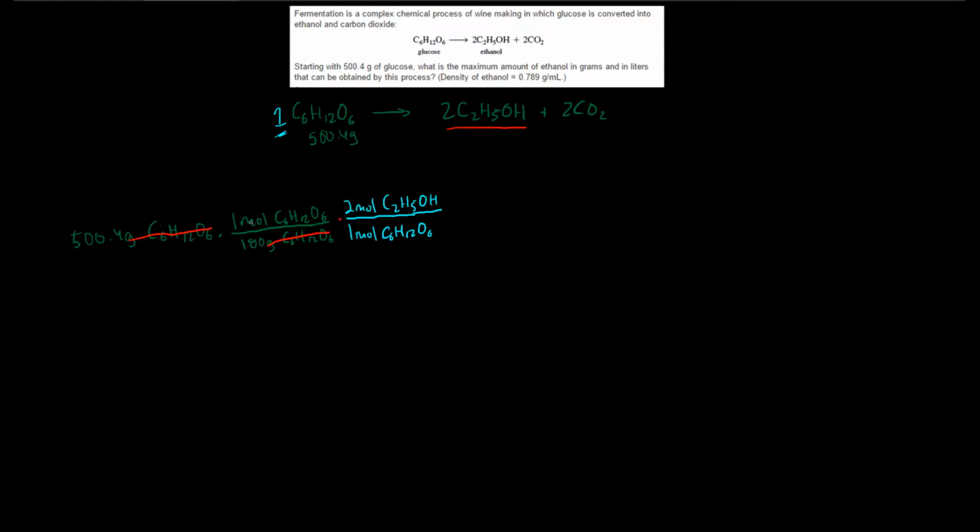And so when you do this, the units for moles of glucose cancel out, you're left with moles of ethanol. And so right now we have the moles of ethanol, but we need to go further. We need to find how much we can get in grams and liters. This would just be how many moles we can produce from 500.4 grams. So to cancel out the moles and convert it into grams, we need to cancel out the units.